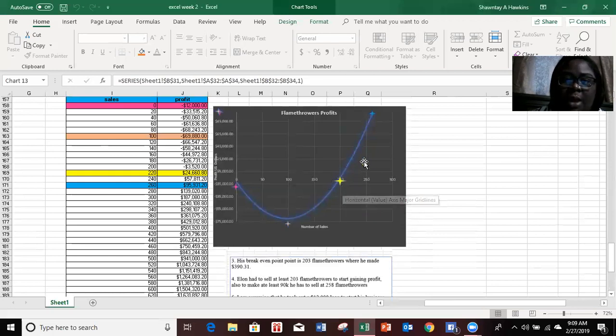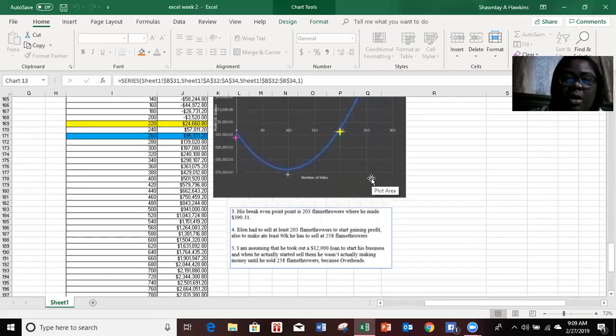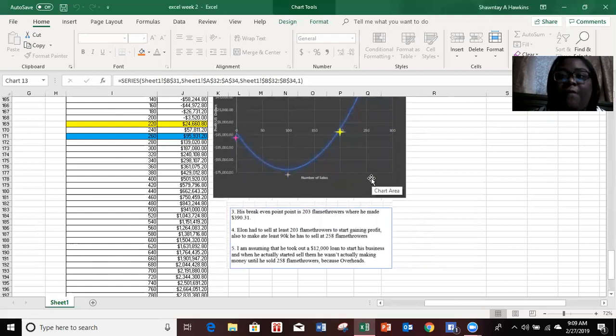So right up in here, it's about the breaking point. Now Ethan had to sell at least 203 flamethrowers to start gaining profit, basically. Also, to make at least 90K, he had to sell at least 258 flamethrowers to get to that point.